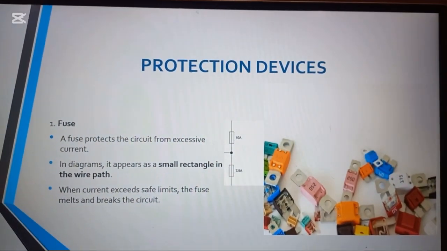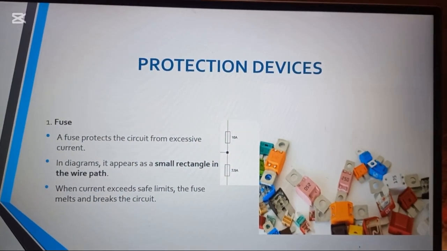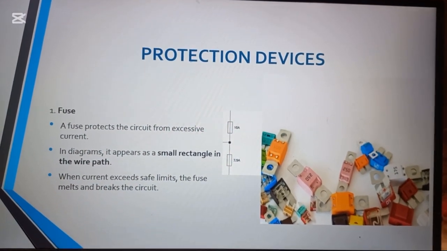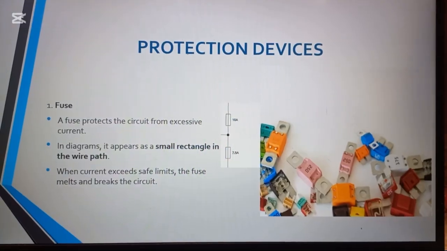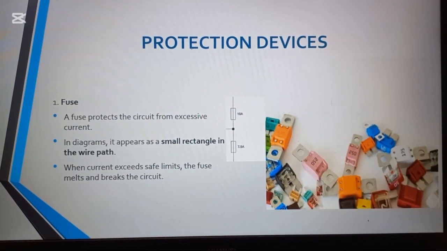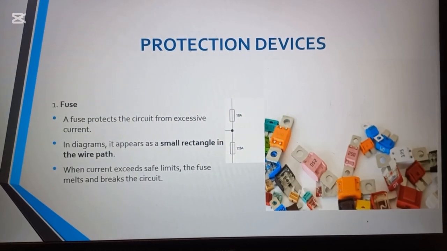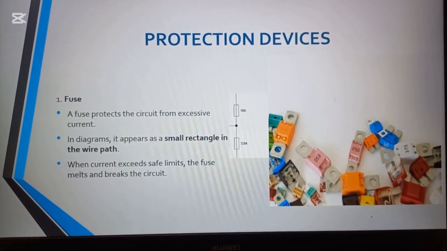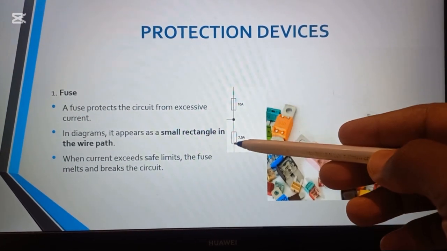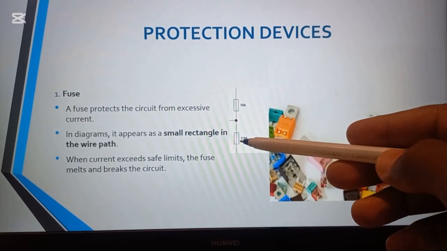In protection devices, we will cover fuses. A fuse protects the circuit from excessive current. In diagrams, it appears as a small rectangle with a line passing through, as you can see.